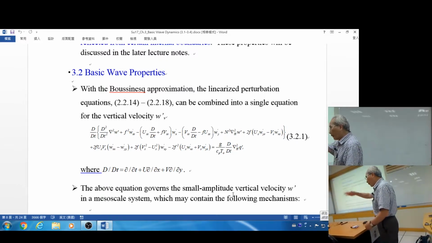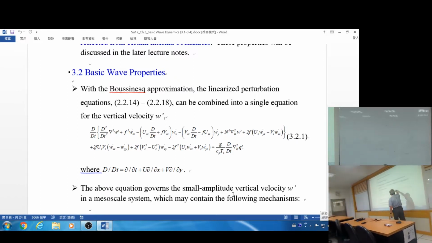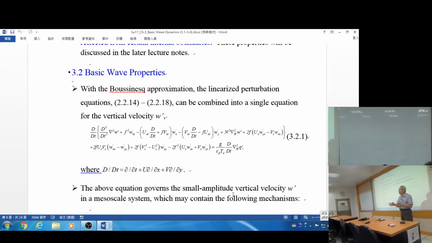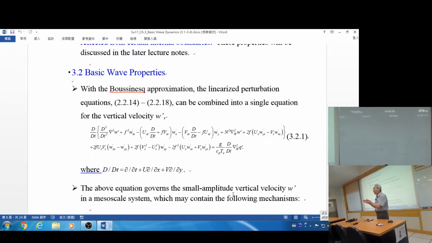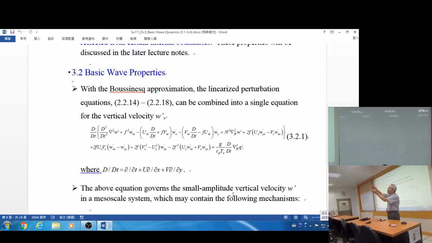And of course, with N squared, there's a possibility that N squared becomes negative. That means you could have upside down, the cold air sitting on top of the warm layer, then which kind of instability is that?